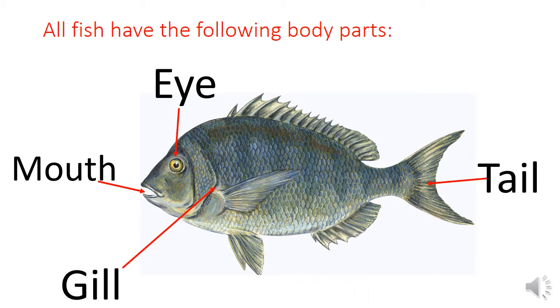It's not next to the mouth or next to the eye. It's found on the side of this fish head, and is used in order to breathe. Don't forget, the fish don't have a nose. You have a nose, but the fish have gills in order to breathe.